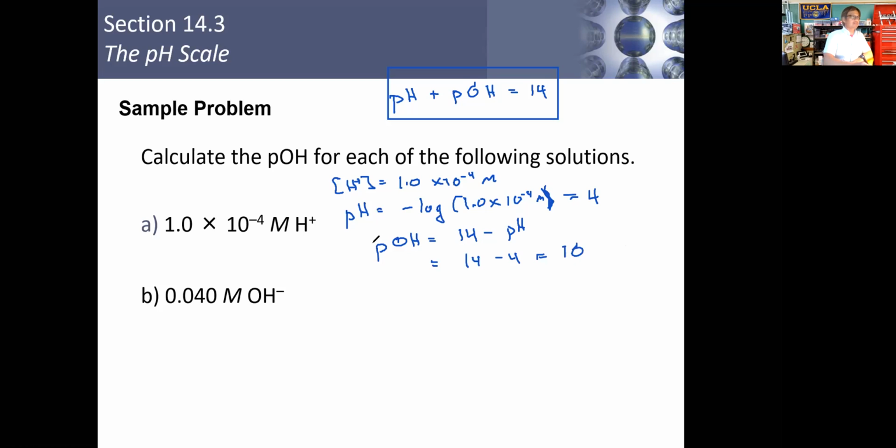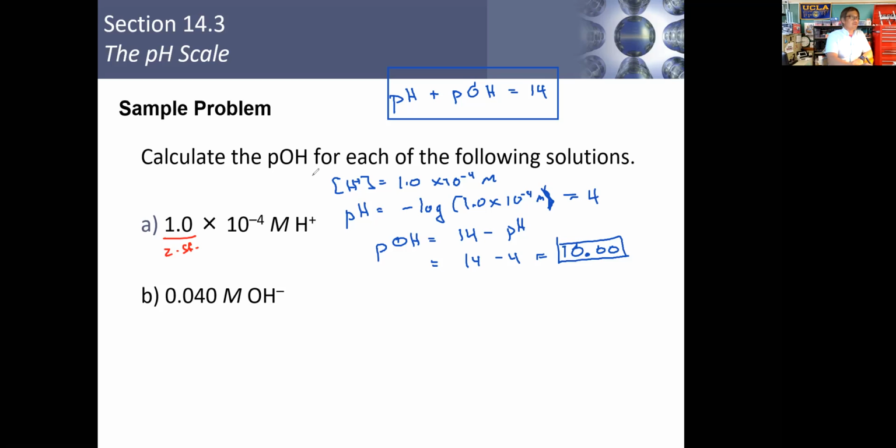We have 2 significant figures here, which means we need 2 decimal places, so we have to add in 2 more zeros. Our final answer has to have 2 decimal places, so 10.00.